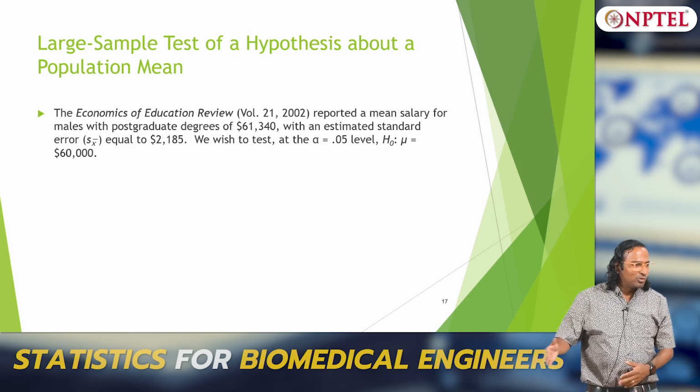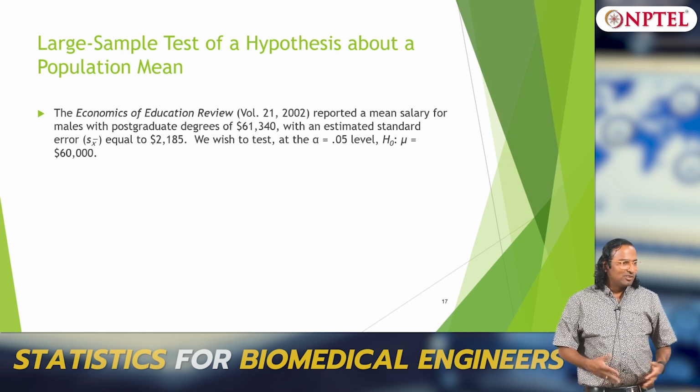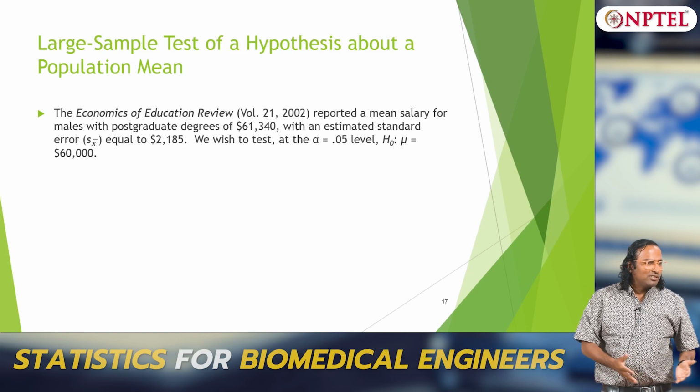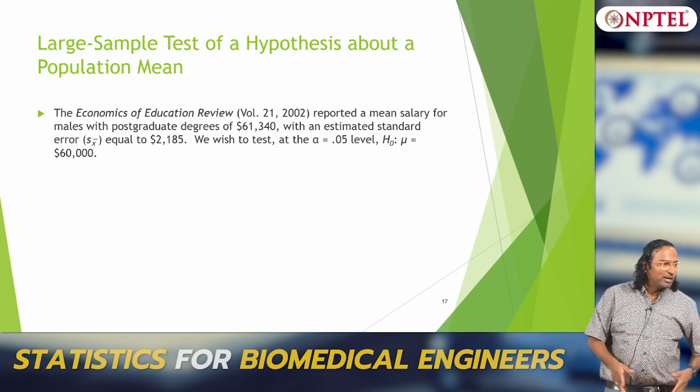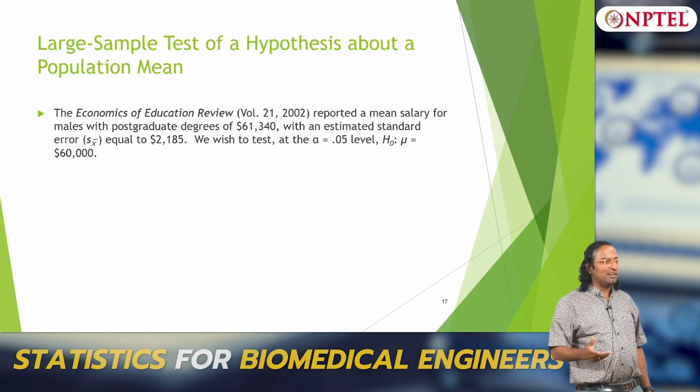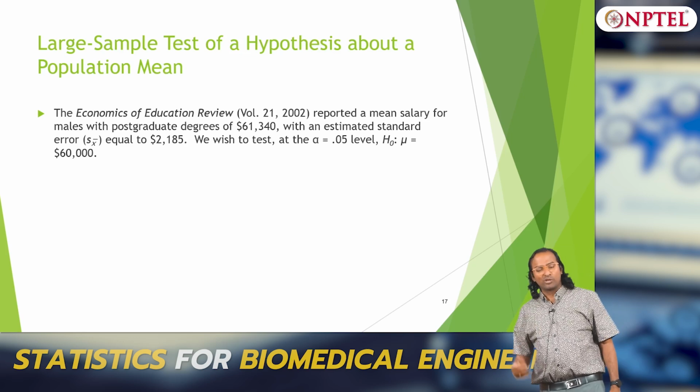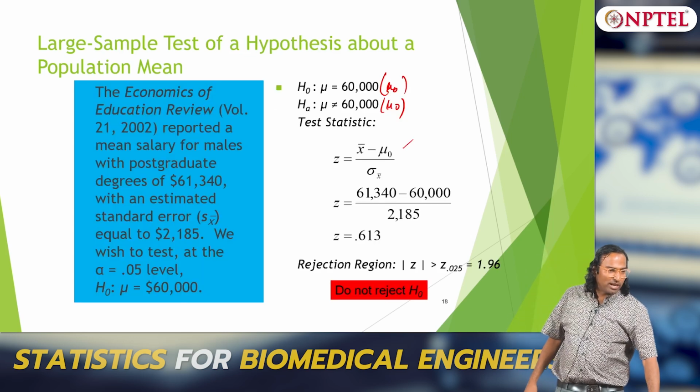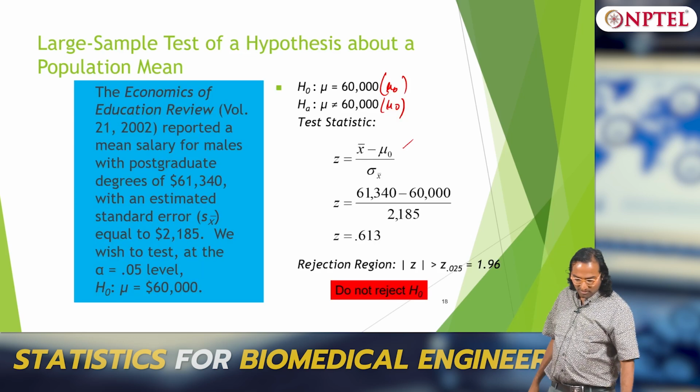So you are only talking about 60,000 to around 61,500, so it will not be able to reject the null for sure. Just looking at the problem you should have an idea about the answer.